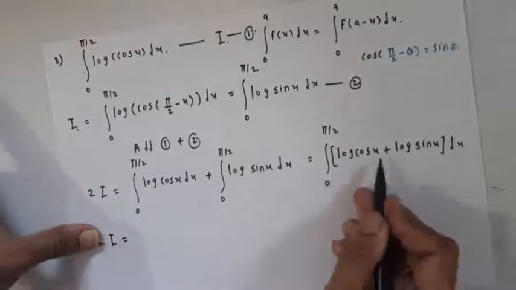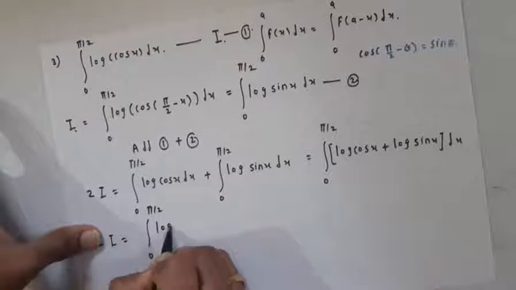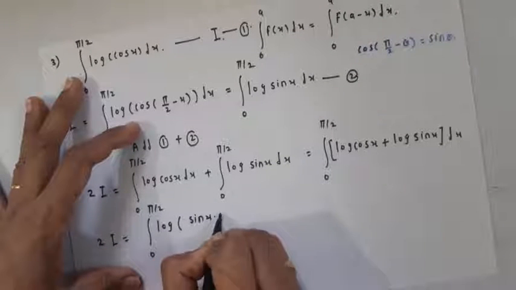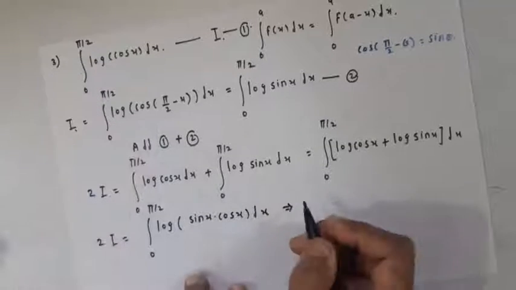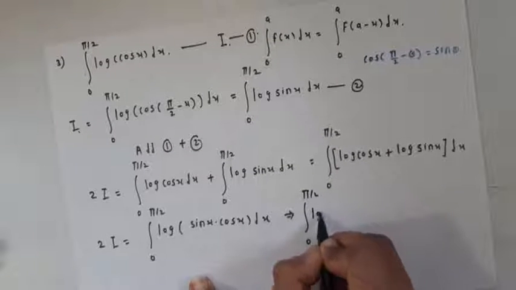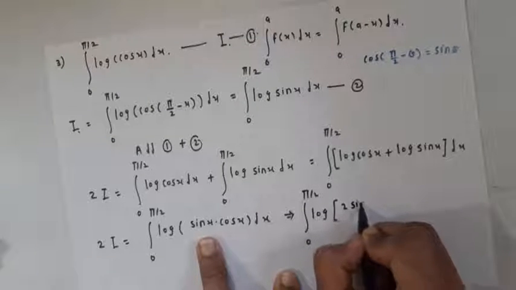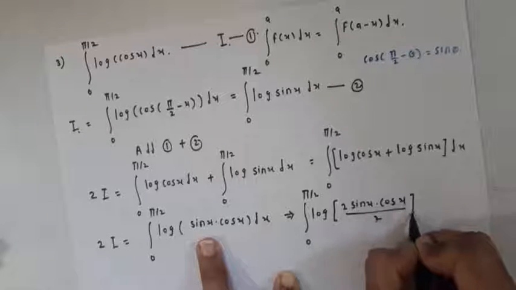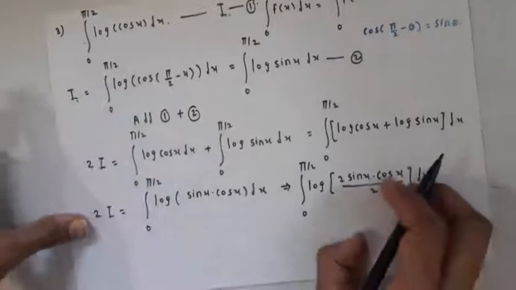Addition of logs can be written as multiplication, so this is log of sin x into cos x with respect to x. Again by adjustment, we multiply and divide by 2, so 2 sin x cos x upon 2, and you know that 2 sin theta cos theta is sin of 2 theta.